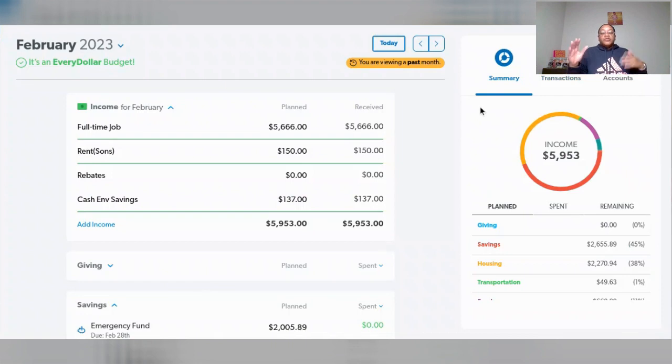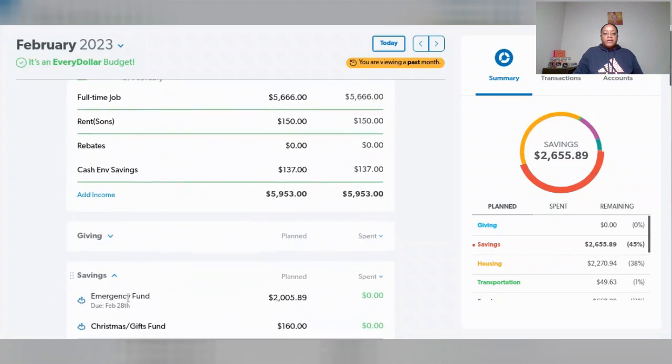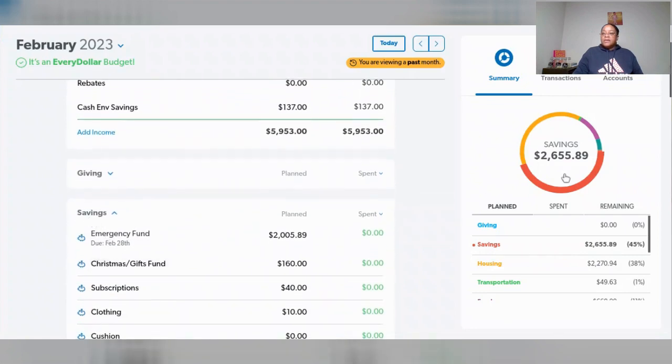So y'all asked me how I track my savings, and do I use Excel or something like that? I don't. EveryDollar in the free version has this cute little graph right here, so you can see the percentages that go to housing, what goes to your savings, and whatever categories you pick. Those buckets are these names I have right here. So my savings for the month of February was 2655.89.